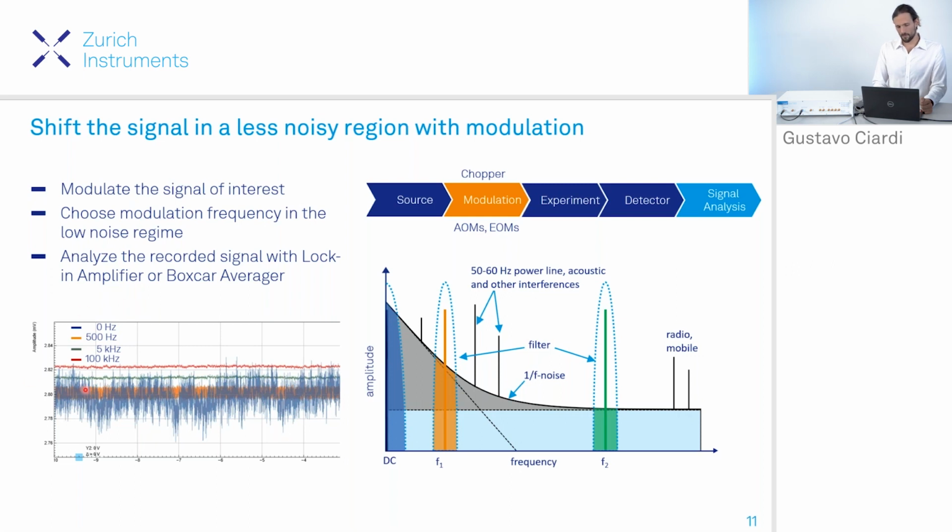To give you an idea of the effect, here I have plotted the step response with different modulation frequencies, starting with the blue at DC. You can clearly see that as the modulation frequency is pushed towards higher values, the signal-to-noise ratio of the step response spectrum becomes better and better.